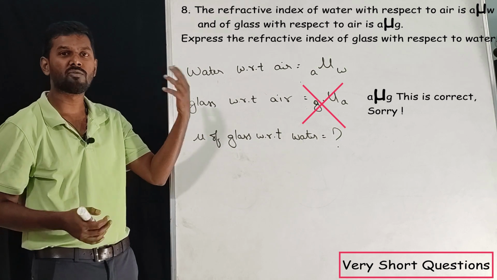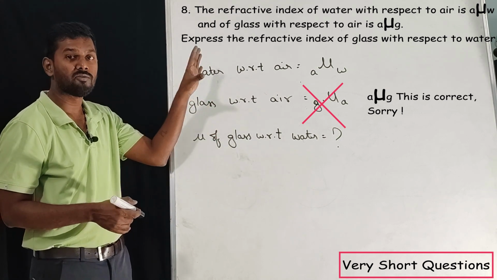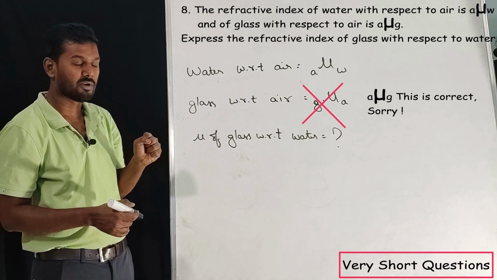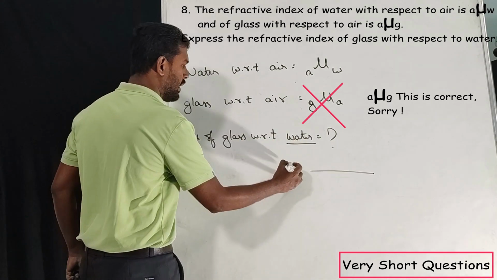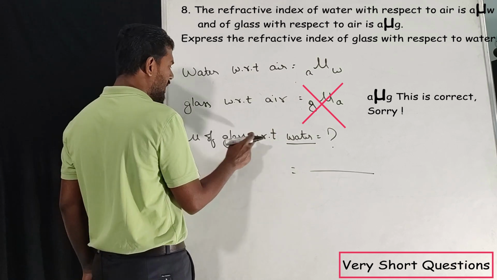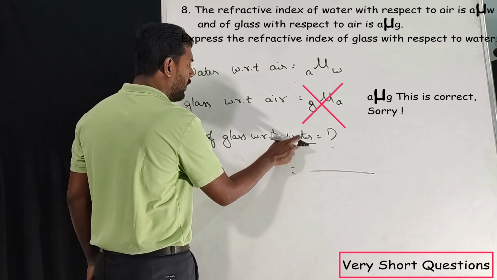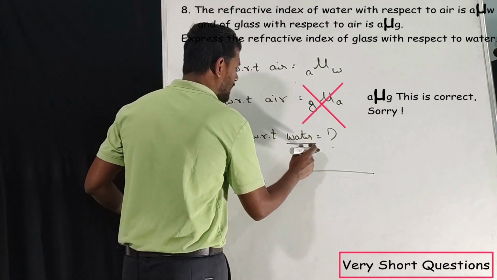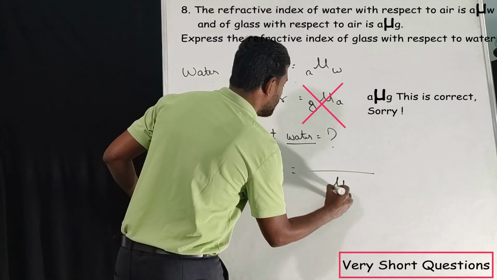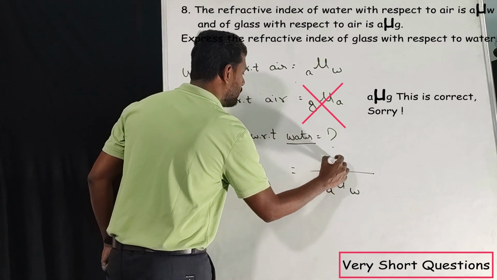When it comes to refractive index, if the refractive index values are given, keep this in mind. After 'with respect to', what is there? Water, correct? If it is a fraction, after 'with respect to' what is there? Water. What is the value of water? The refractive index of water, that should go to the denominator. The remaining thing will go to the numerator.